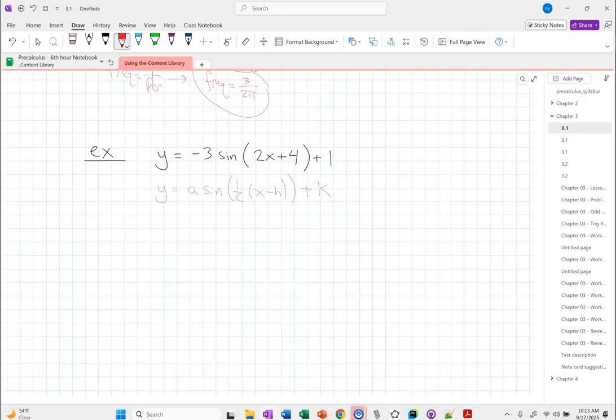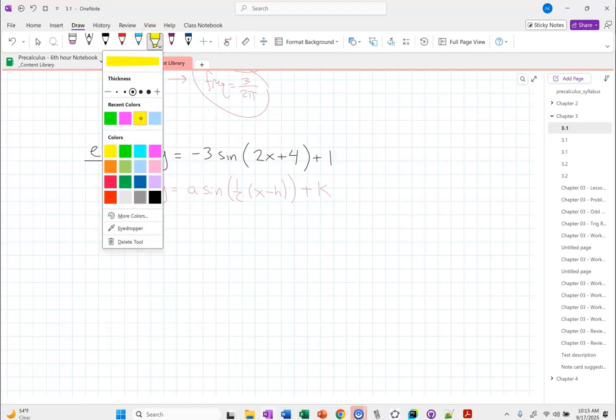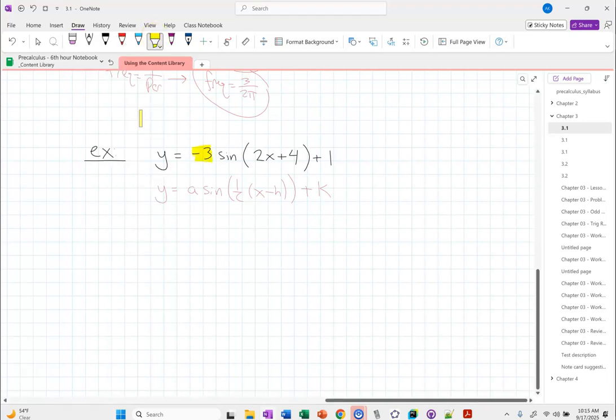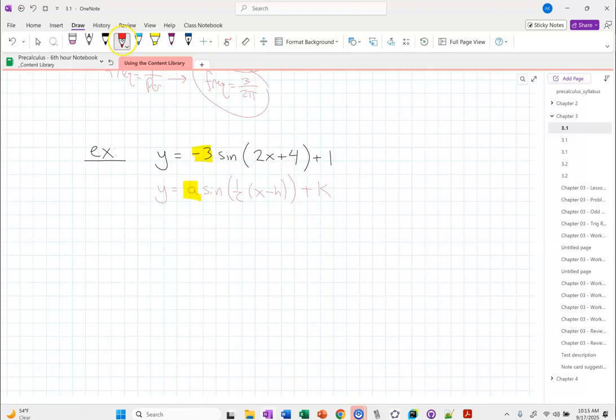Is C root or negative root? Not C, right? So you're looking at this -3 here, right? What letter is at the front of the general form? Oh. A. So yes, A is -3.